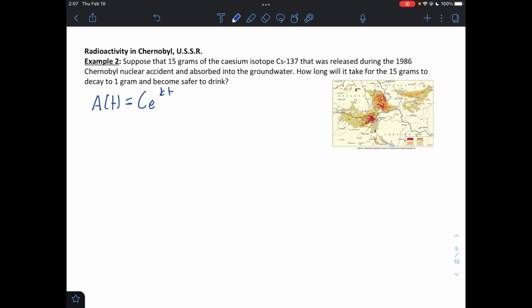We see 15 grams is what we start with, so the point 0, 15 is the point that we know for sure. If we put 15 in here, we get C e to the k times 0, so 15 equals C. So now I have A of t equals 15 e to the kt.